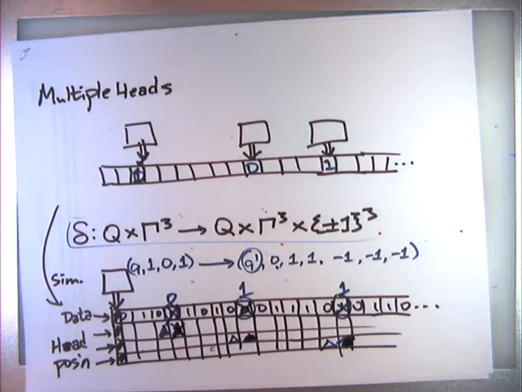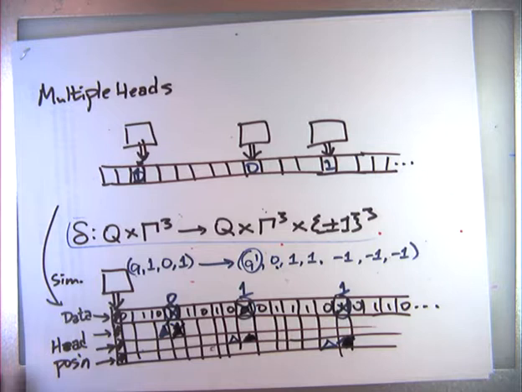Once I have subroutines, intuitively, for purposes of designing algorithms in particular, you can think of that subroutine as an atomic operation. One step. And in fact, it is simulating one step in the multiple head machine.